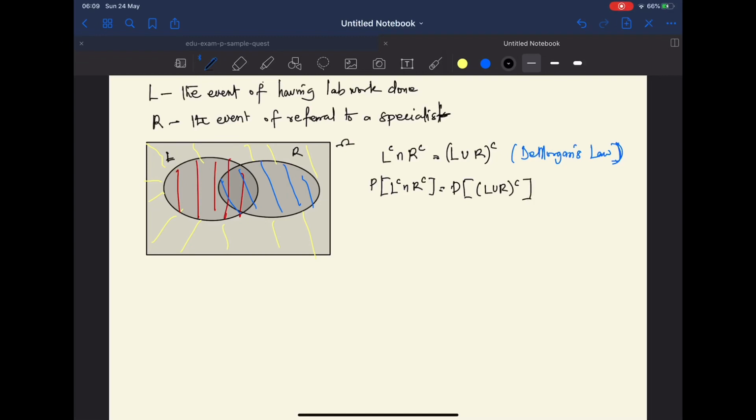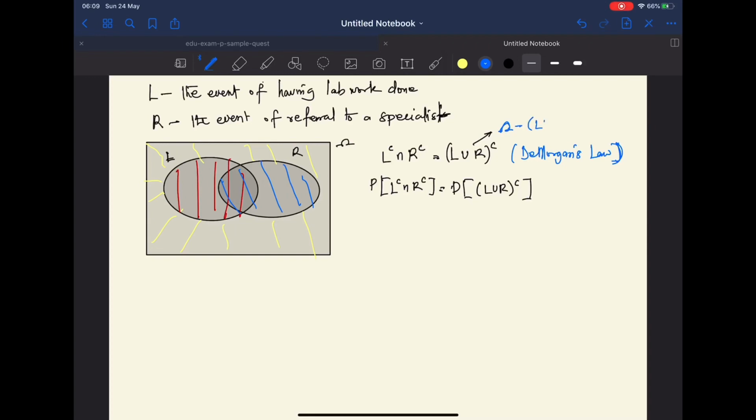And you would agree with me that the set we have here is the same as the sample space minus the set L union R. Let me write this in blue so we better perceive.